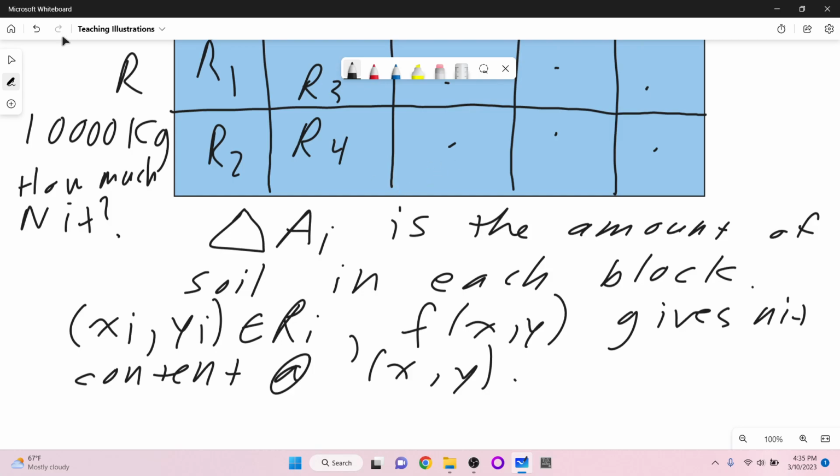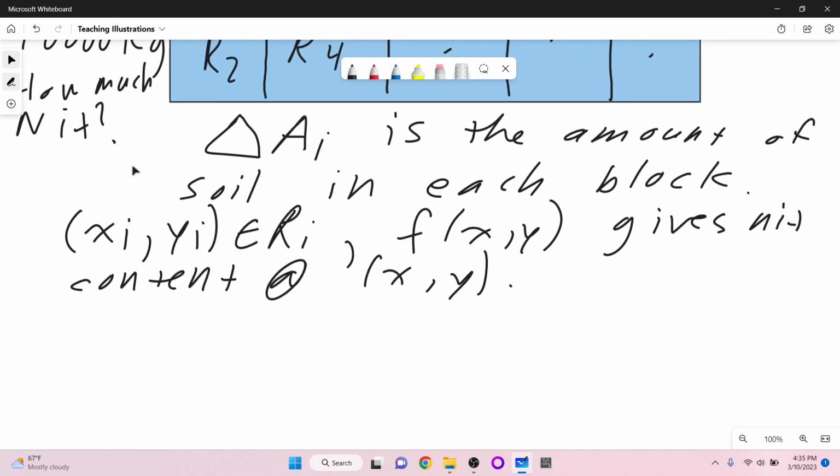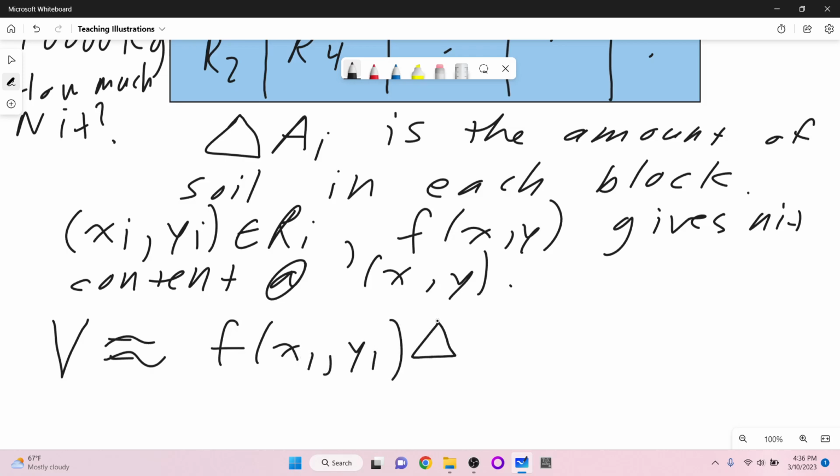So if you think about what we've been doing, how we would generalize this, we would say, I'll call it V. Well, we've been estimating by saying f of (x1, y1) times delta A1.